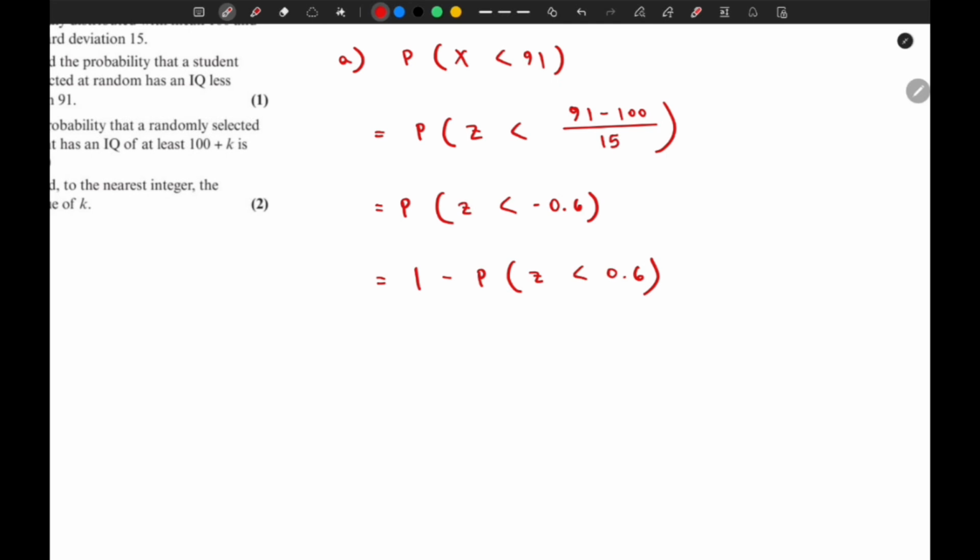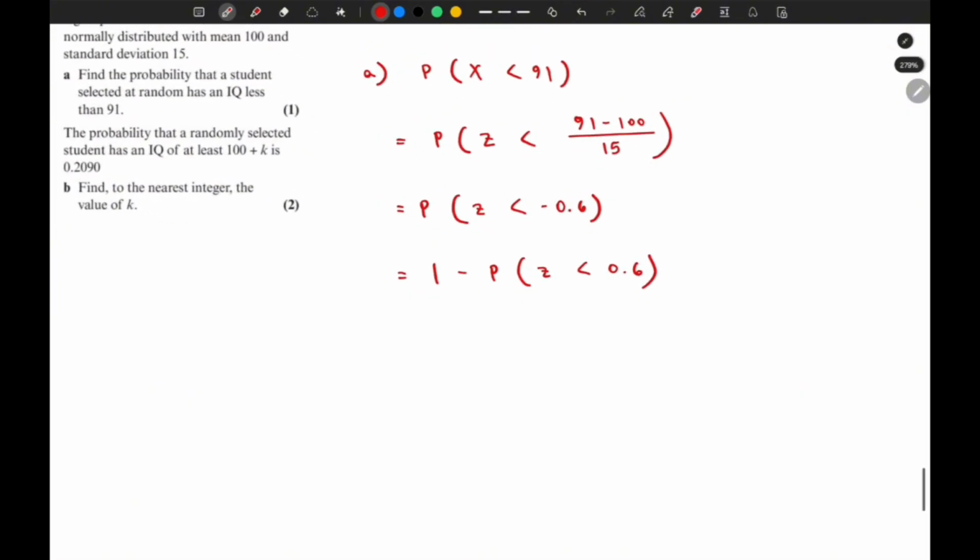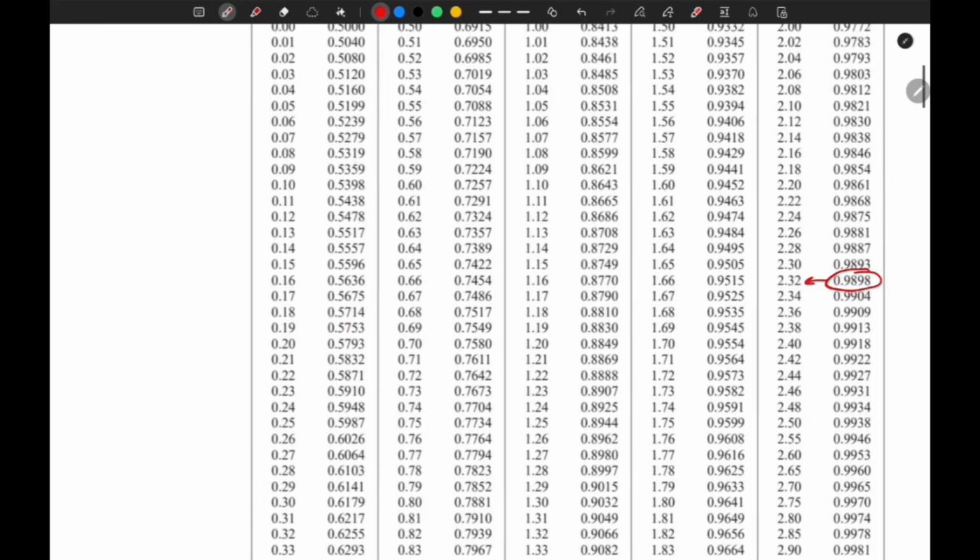If you're still confused about this formula, you can go back to the previous lessons in this video and clear up your confusion. Right, so when the value of Z is 0.6, we need to find out the probability from the statistical table. So when Z is 0.6, the probability is 0.7257.